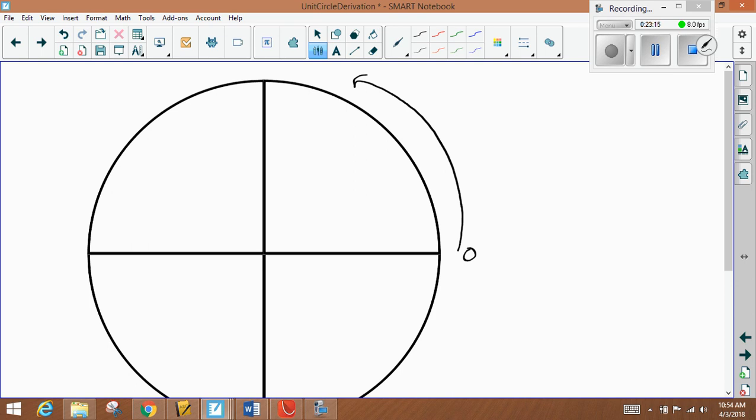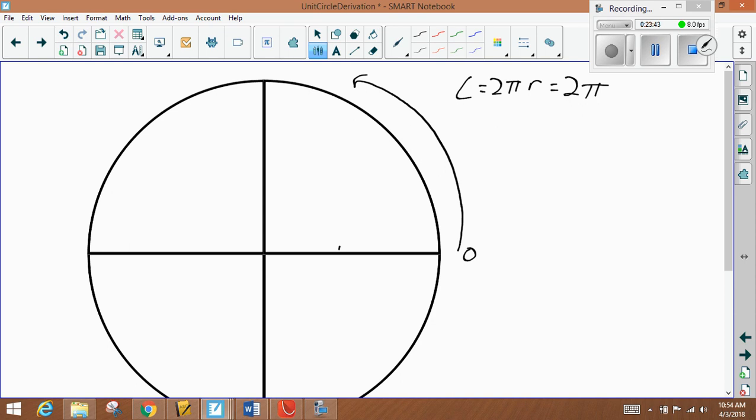You guys remember that the circumference of a circle is equal to 2 times pi times r, right? 2 pi radius. Or you can also do the diameter, right? So in this case, the radius is equal to 1. Right, we said our radius was 1.